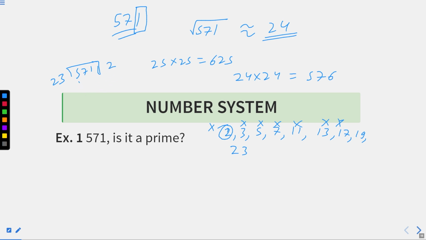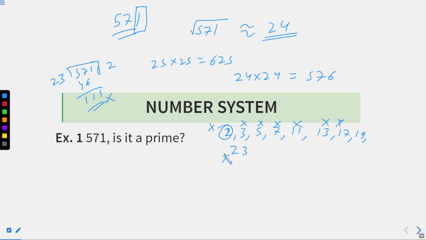So 23 times 24 is 552, and we are left with 19. This is also not going to work.